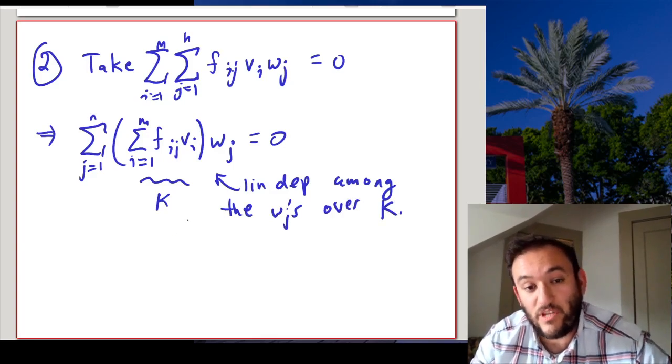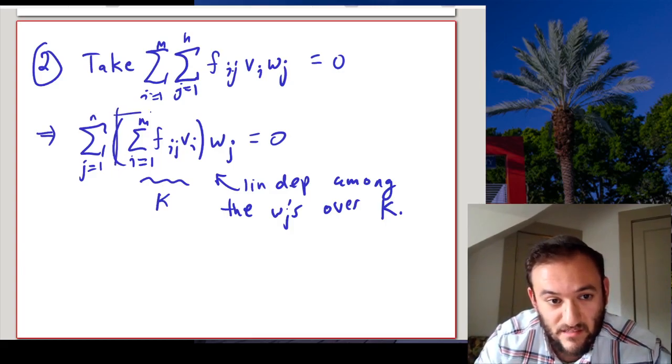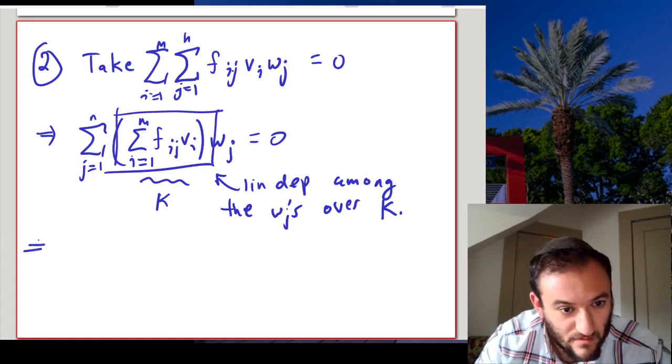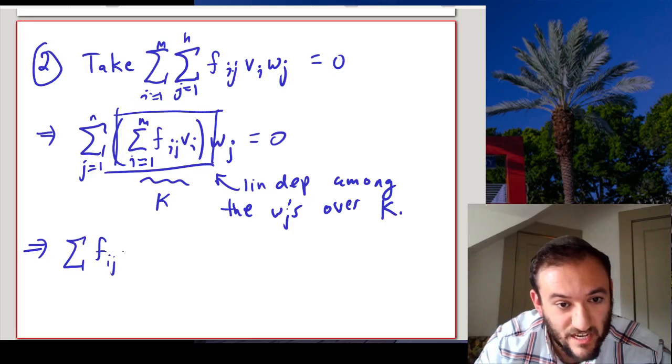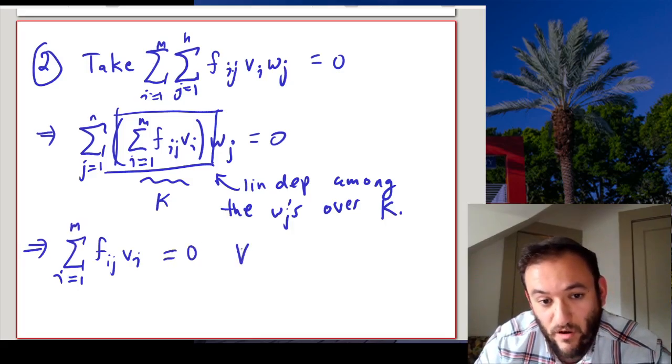But we know that the Wj's are a basis, so this means that all of these summations are going to be 0. Okay, so that implies that the sum of the Fij Vi for i equals 1 to m equals 0 for all j.